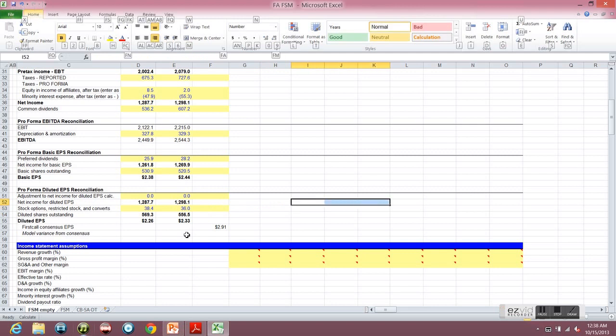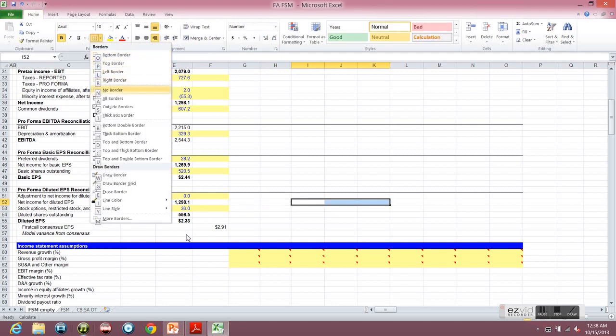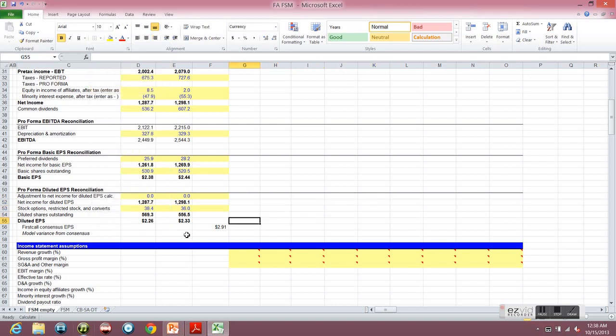That's a little difficult concept that we need to master. We'll touch on it again. For first call consensus, we're not going to have that for 04 and 05 because we don't need to know them, but we're going to have that for 06. The reason is that we need to look at the consensus EPS and compare it to the EPS that we do get to figure out if we have to normalize our income statement or not.